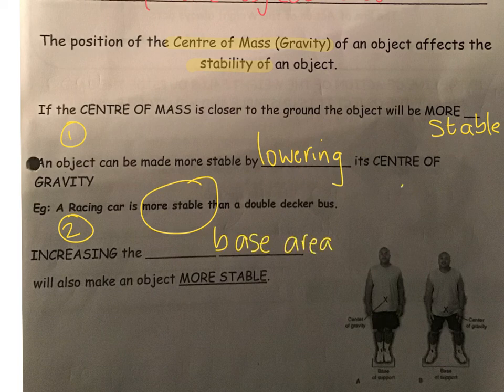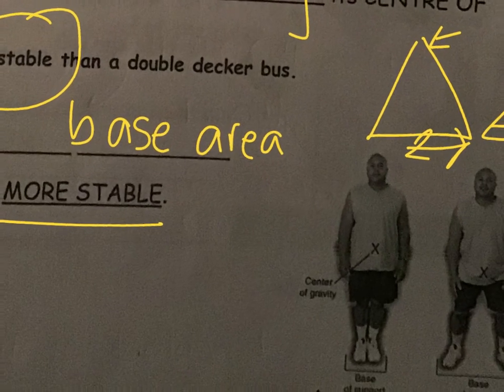Okay, a bit like a triangle. Okay, this is the base, and this base is far wider than this bit here. Okay, so that will make the object more stable, and you would see that, you know, in a rugby player going into a ruck or whatever, by lowering the knees, you have lowered the centre of gravity, and therefore you are more stable.